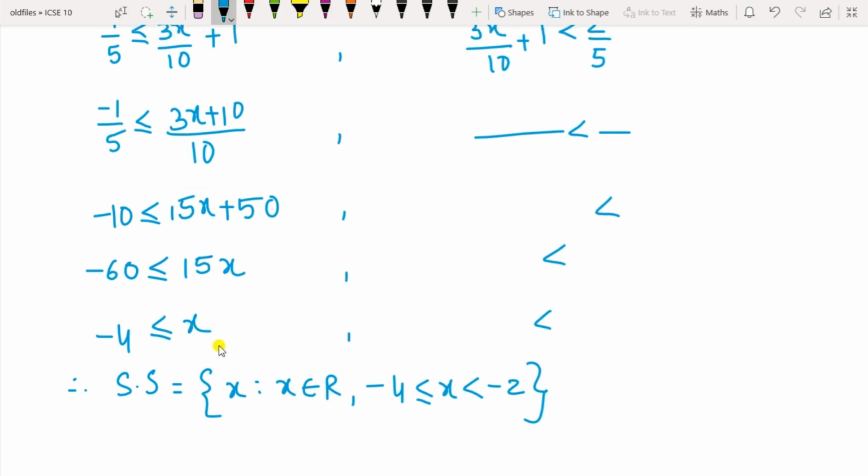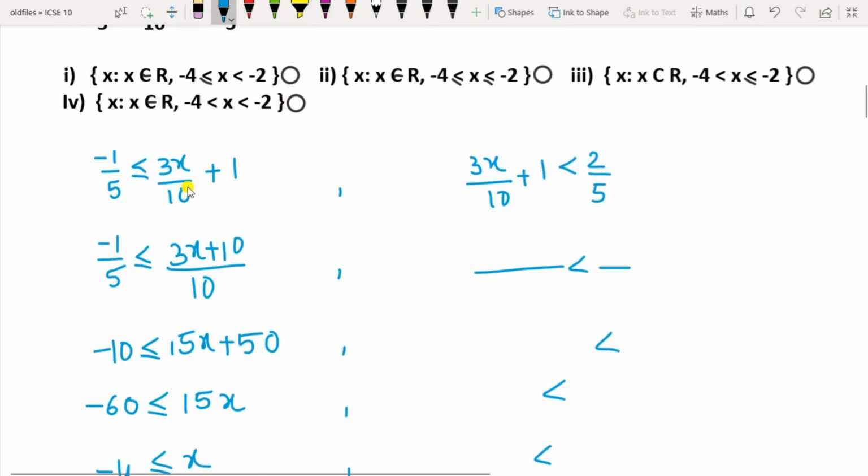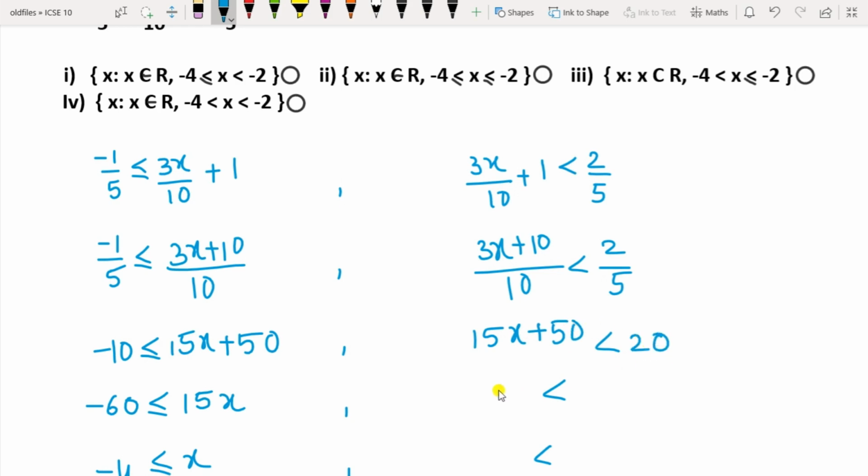That is the first solution. Second part, so you have to take the second part of the inequation. This is the second part. Again take the LCM here, (3x + 10) by 10 less than or equal to 2 by 5. Cross multiply, so this will be 15x plus 50 less than or equal to 20. So this will be 15x less than -30.